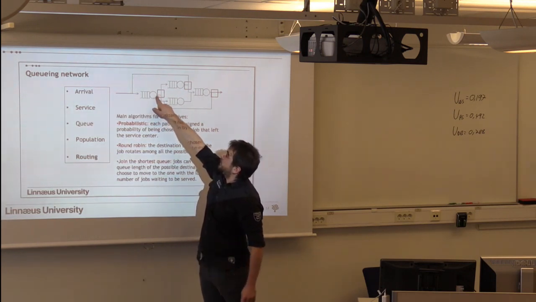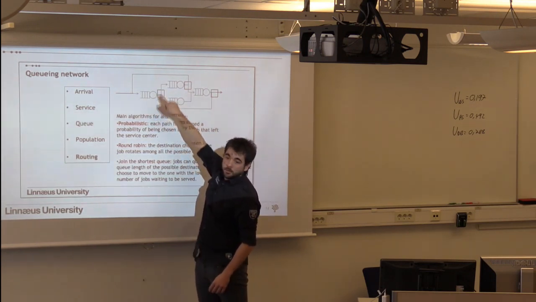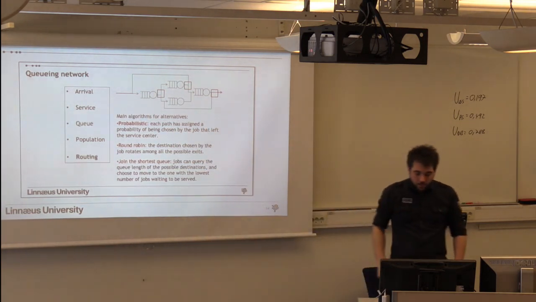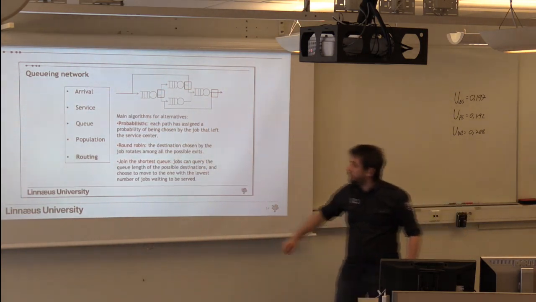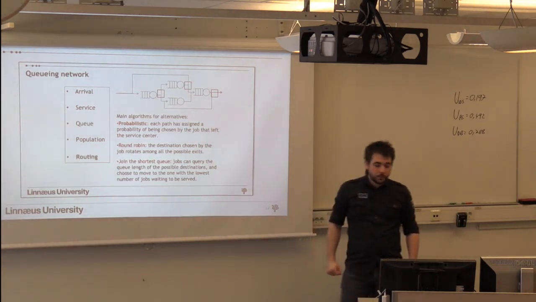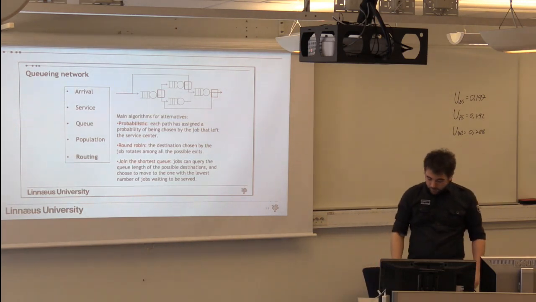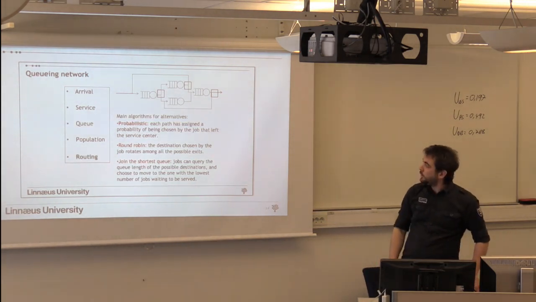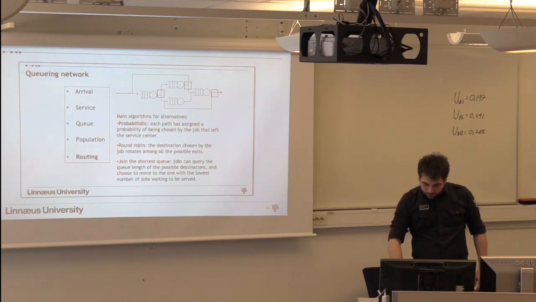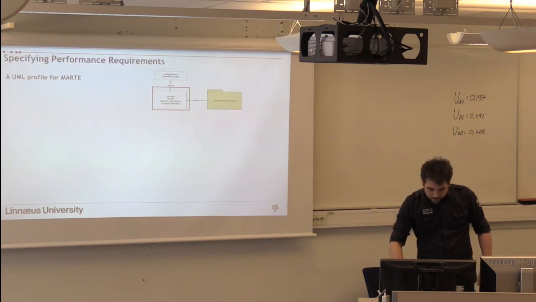So when the job leaves one server and can go to more than one, how is the routing? And we saw how to model this probabilistically, and now with UML we will continue, with the same kind of routing, probabilistically.